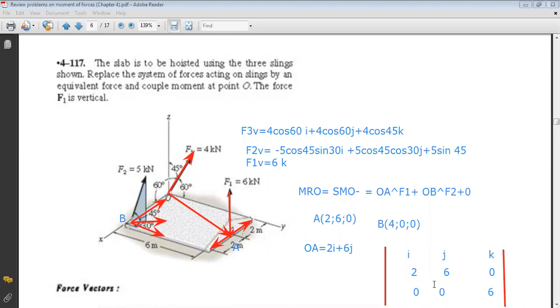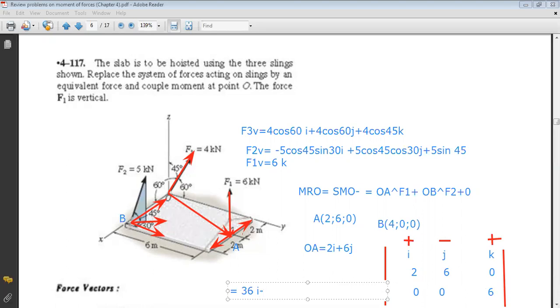If you want to do the matrix method, you will put as usual plus above i, minus above j, and plus above k. So OA vectorial F1 is equal to, along i, if you drop this column and this line, you have 6 times 6 minus 0, so it's 36 along i.